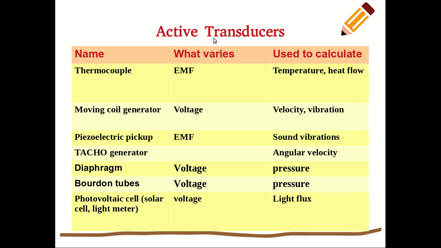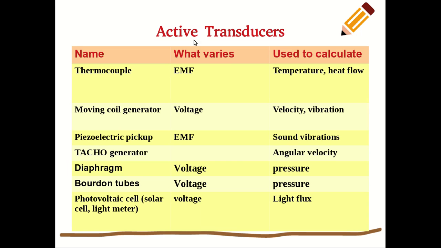Let us come to the class of active transducers, which are also known as the self-generating transducers. These transducers don't require any auxiliary source or external power supply for the conversion of input signal to output signal.